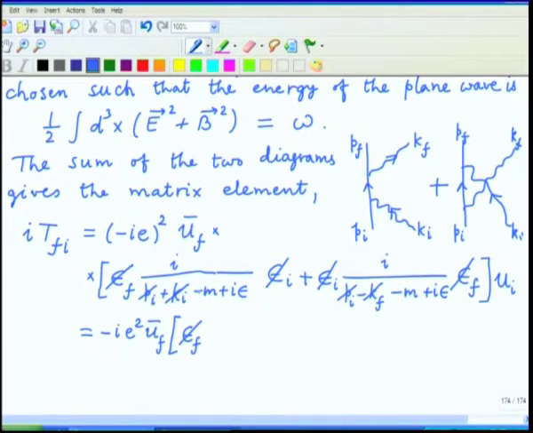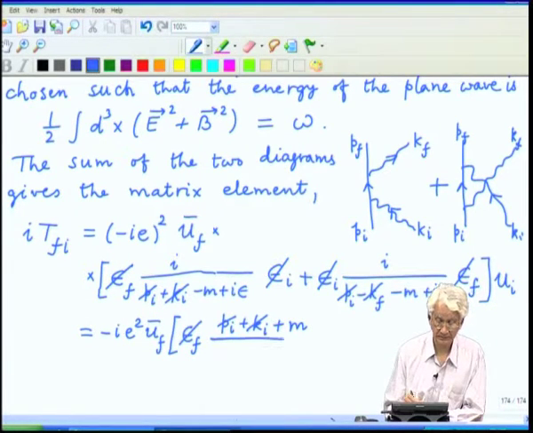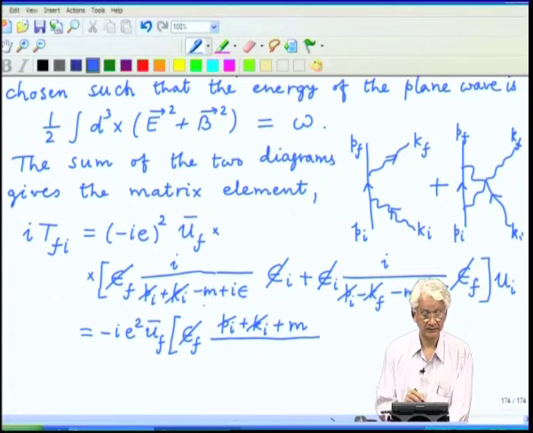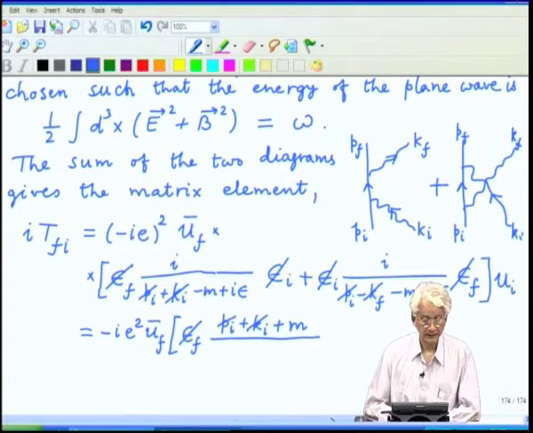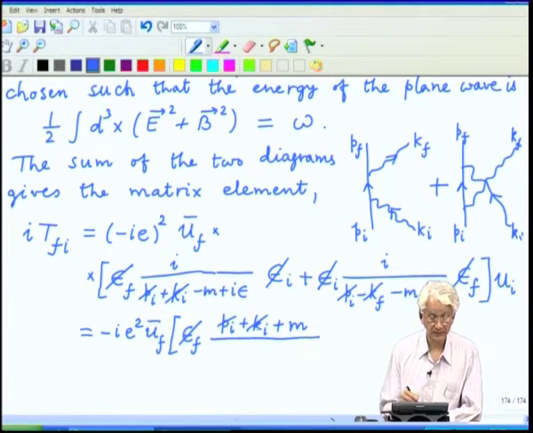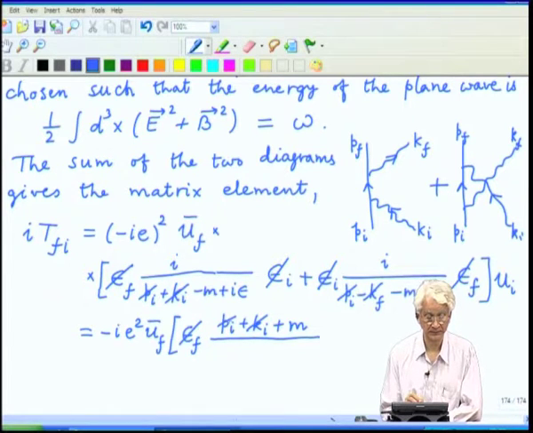So, this object will produce p slash plus k slash plus m, and in the denominator we will now have the square of the total momentum minus m square, and that can be simplified as well, because the initial and final momenta belong to particles which are on shell. So, we exactly know what p square and k square correspond to in those particular cases.